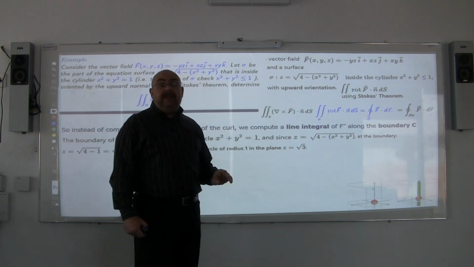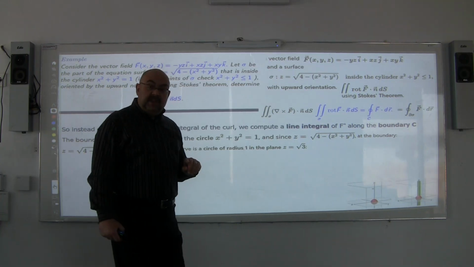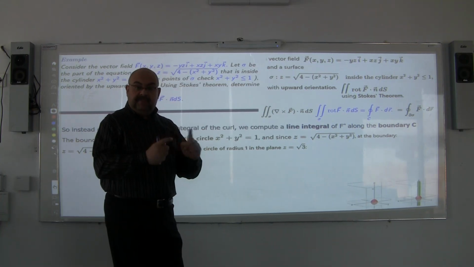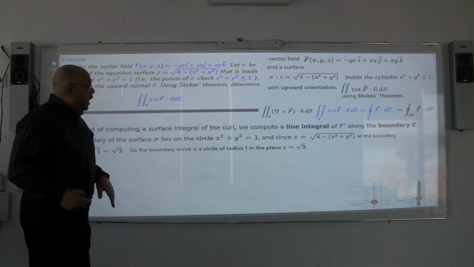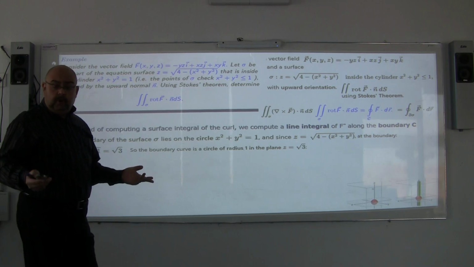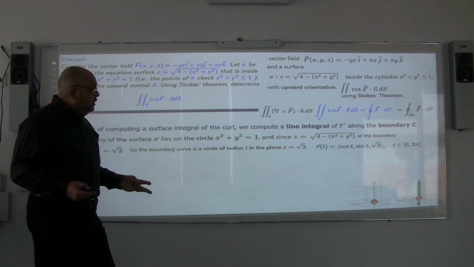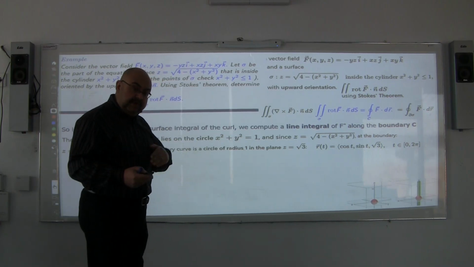Now I can write r of t, the parametrization of the boundary, controlling x, y, and z. Since we are talking about a circle, it will be a very good idea to change to polar coordinates. So it's r cosine theta, r sine theta, and root 3 for the z value.